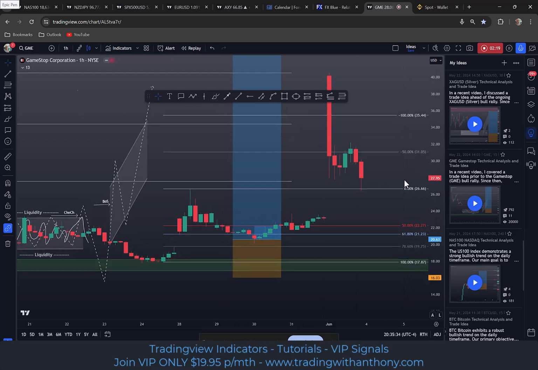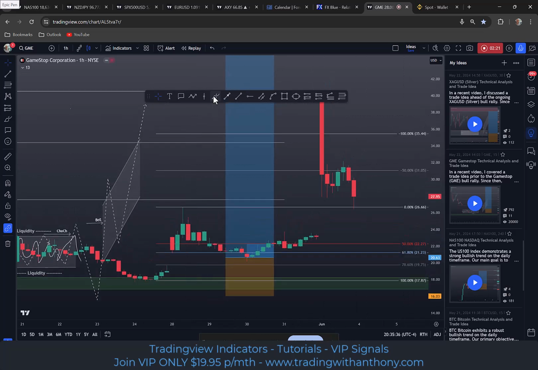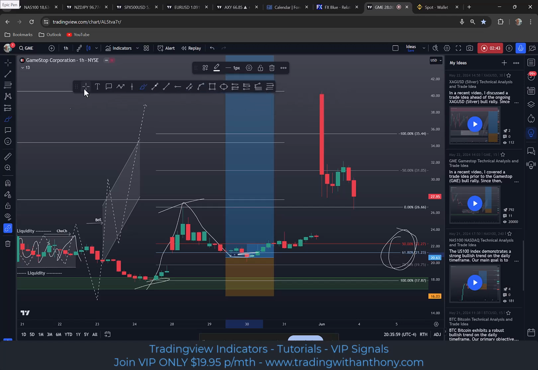Pull your fib from low to high, and that's exactly the entry point that we're looking for. It's a bullish trend, and we're in. With this trade, we had the opportunity to close well and truly in the money here.